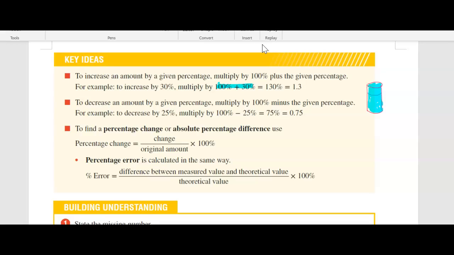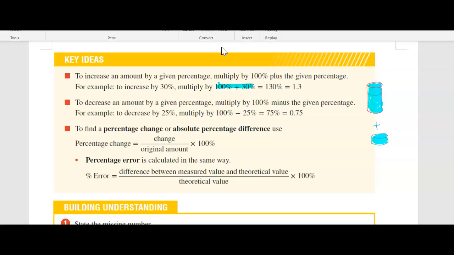We want to increase it by 30%. If I just wanted to take 30%, I'm just left with that small amount on the top. I haven't added it. So basically I've got this whole container plus an additional 30% of it. So don't forget you want your original plus the extra because we're increasing it by that amount. So we've got 100%, what we already had, and an extra 30%.